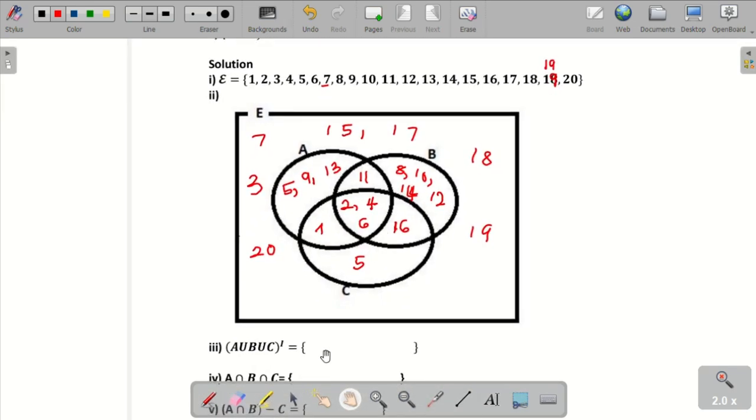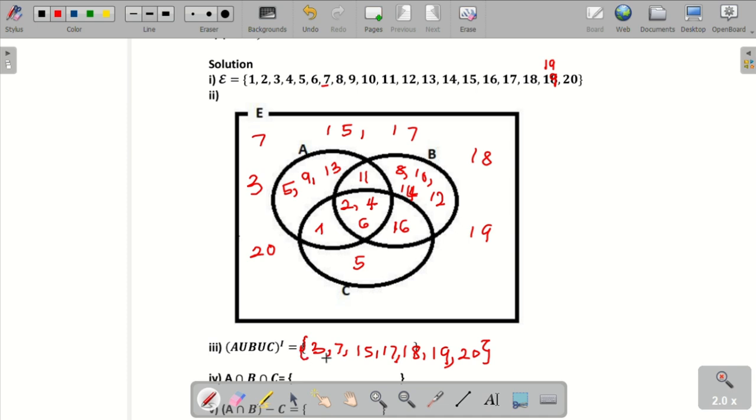So we have 3, 7, 15, 17, 18, 19, 20. So these are (A union B union C) complement.